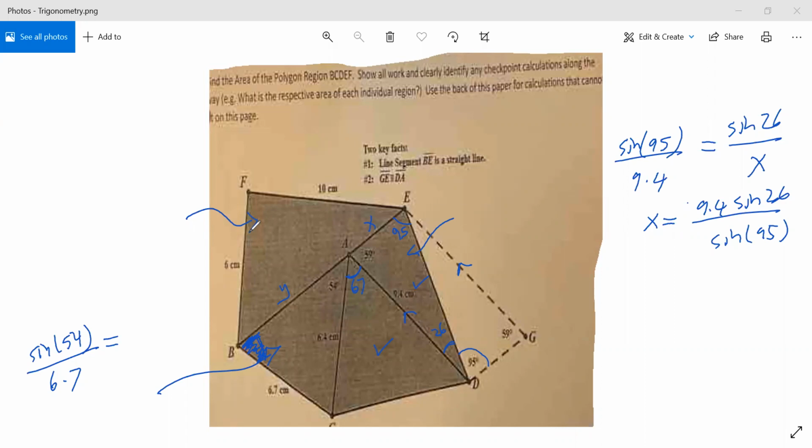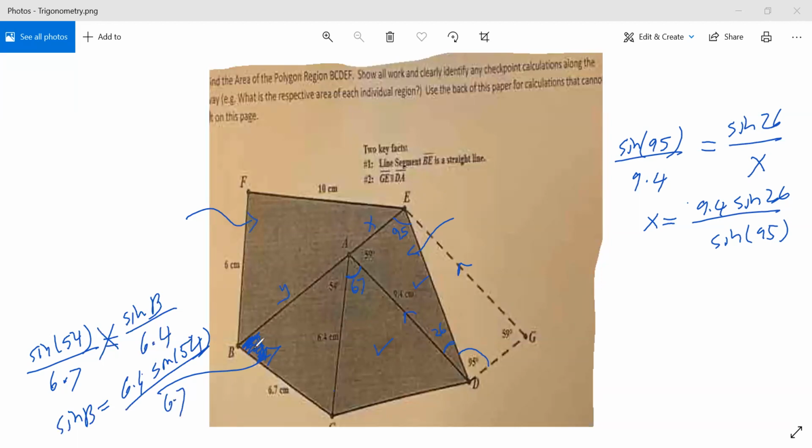Sine 54 divided by 6.7 equals sine B over 6.4. So once I cross multiply this, sine of B is going to equal 6.4 times sine of 54 divided by 6.7.